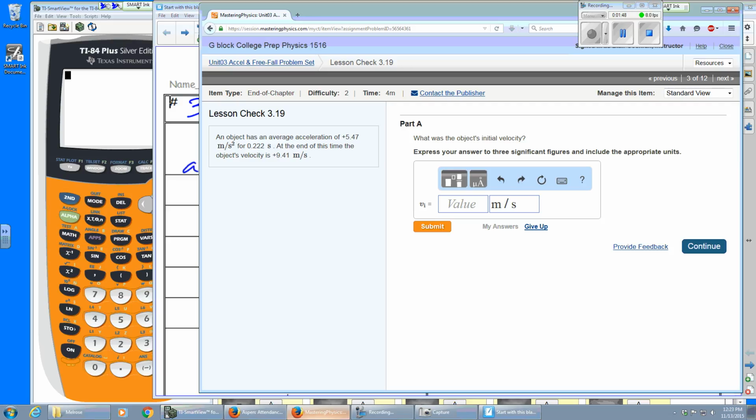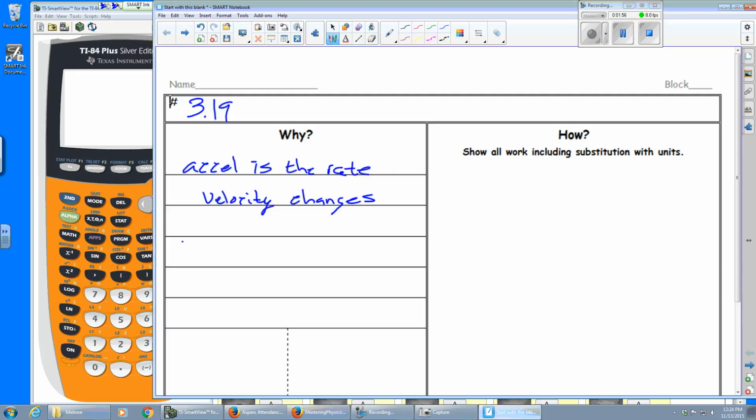All right. So I'm going to go out on a limb and say that the velocity will be positive at the beginning.